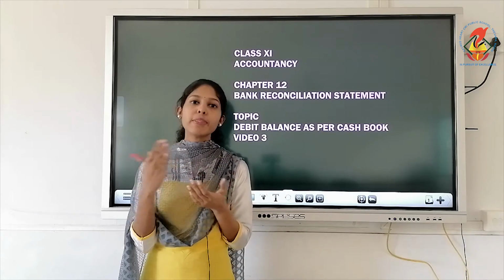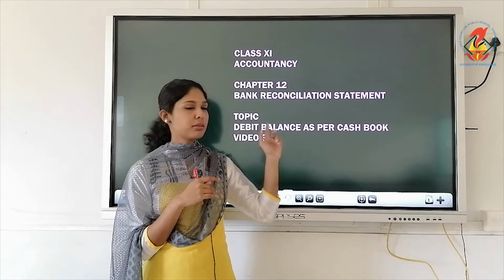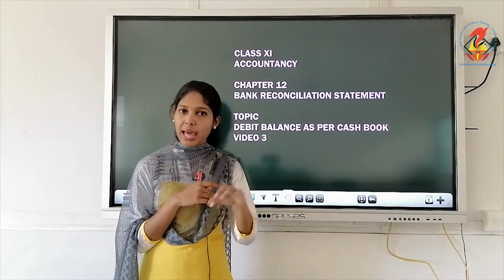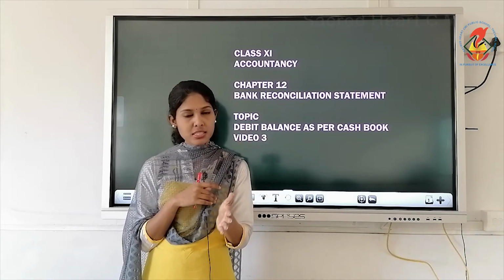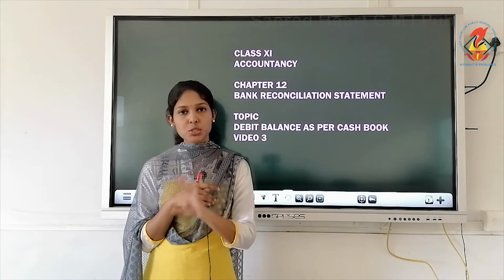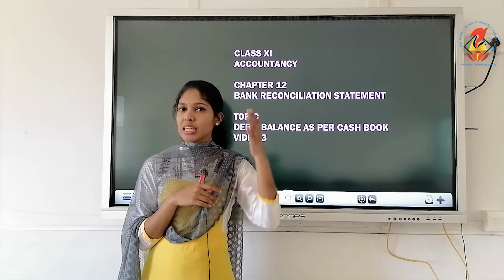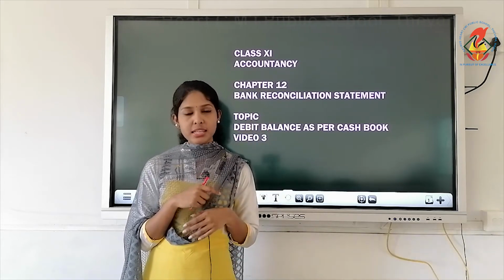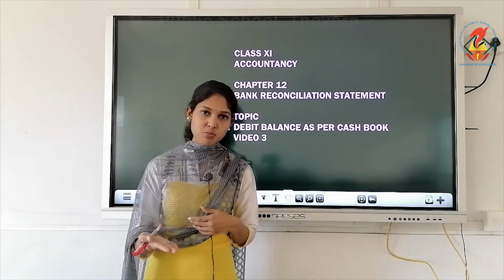So, here both the balances are given. In the format we started with balance as per cash book. Though we don't specify it as debit balance, it is understood that cash book will be having a debit balance. Here we have balance as per passbook also.